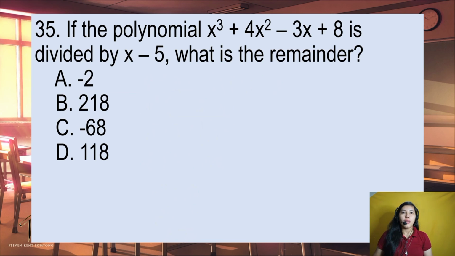Next, so may naligaw na problem. If the polynomial x cubed plus 4x squared minus 3x plus 8 is divided by x minus 5, so what will be the remainder? So let's just substitute the given. We have x cubed plus 4x squared minus 3x plus 8.